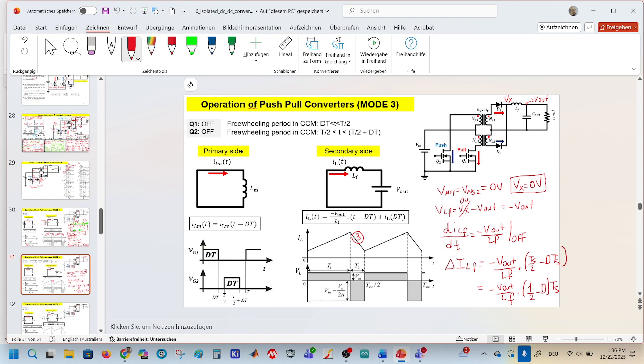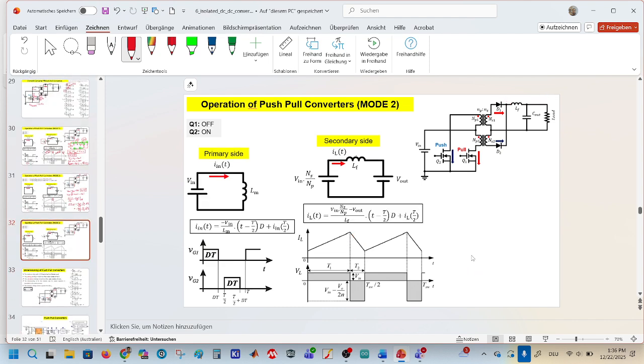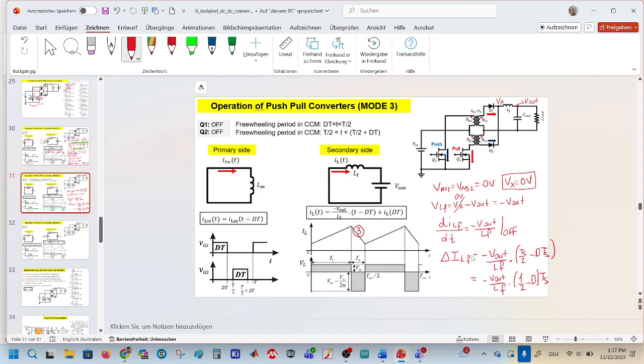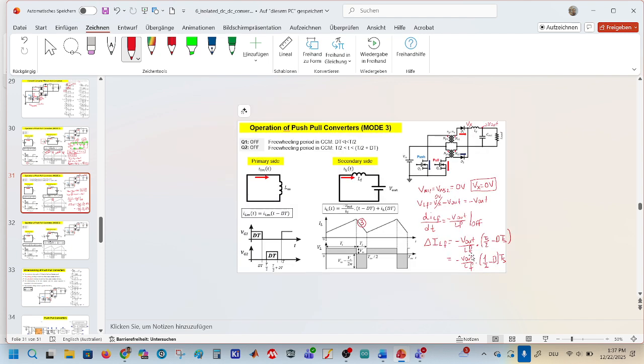And so I will try to write the transfer ratio here.